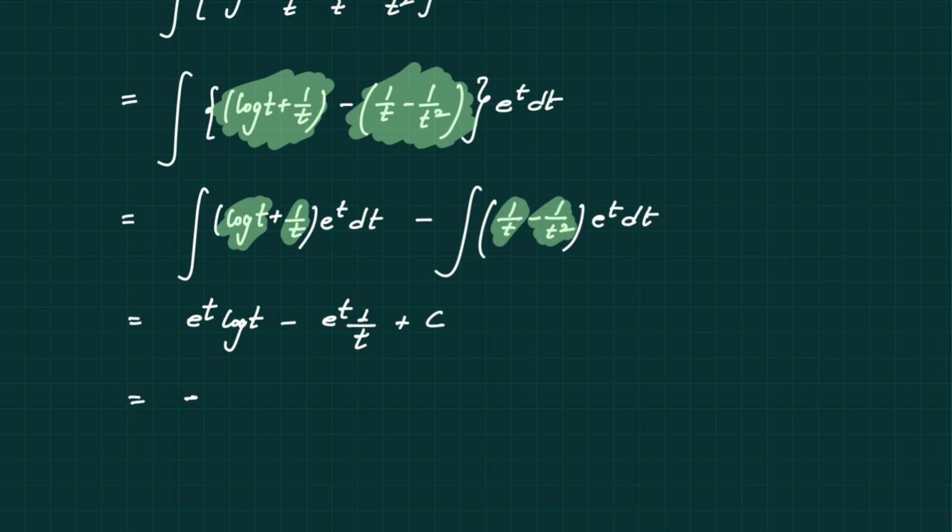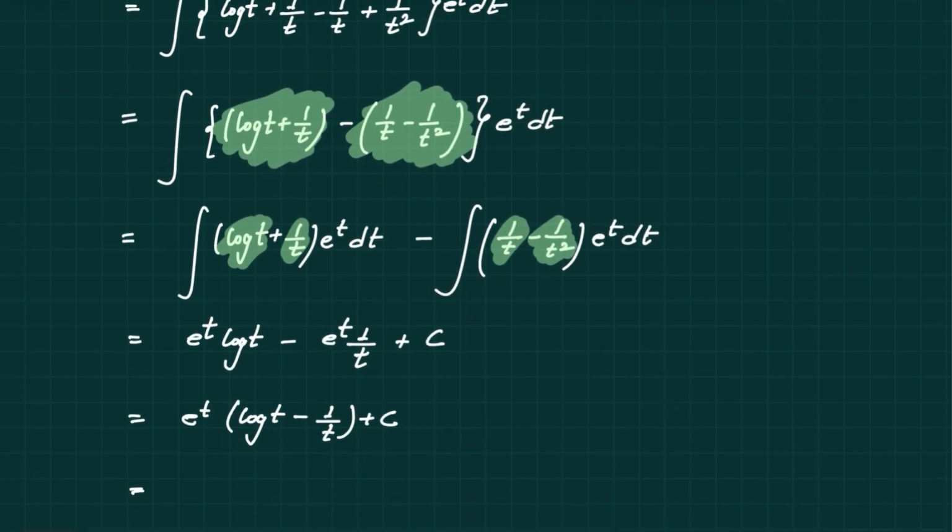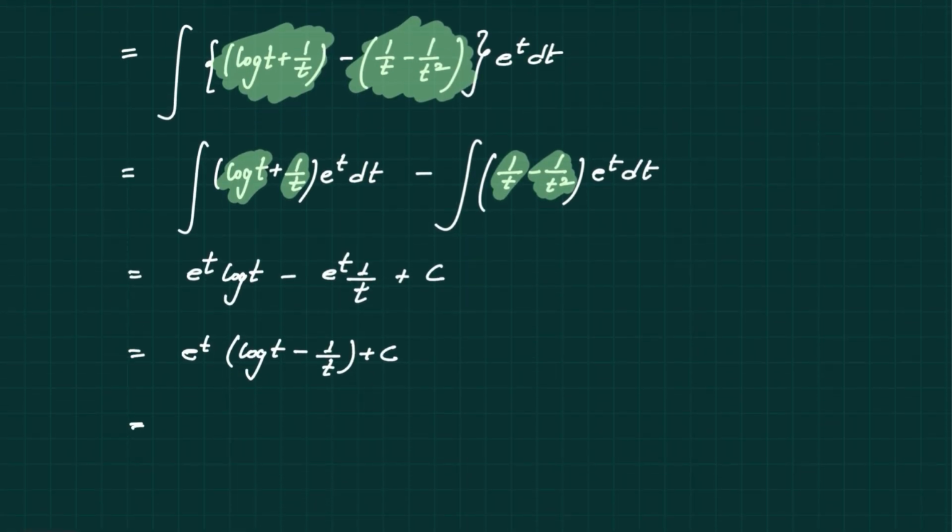Taking out e to the power t common, then we will have log of t minus 1 over t plus c. Now putting back the value of t, we had considered log of x equals t. So e to the power t is x, and log of t is log of x, minus 1 over log of x, plus c.